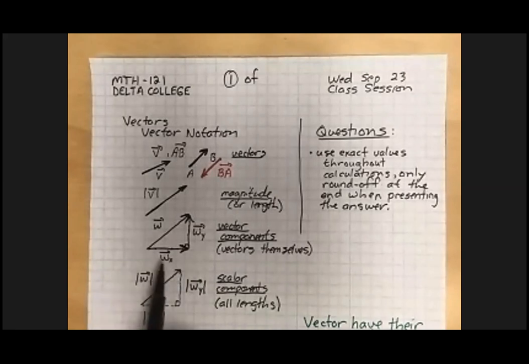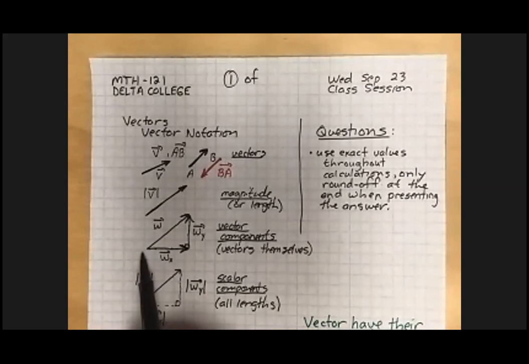Okay, next step. If I have a vector, let's call it W, on this diagonal right here, you can always break a vector up into its horizontal component and its vertical component.